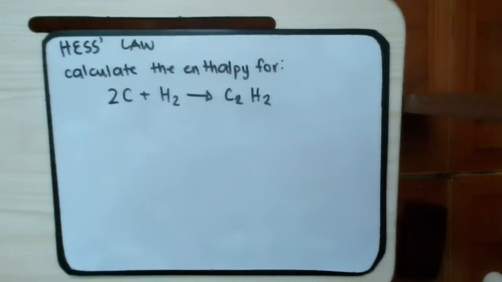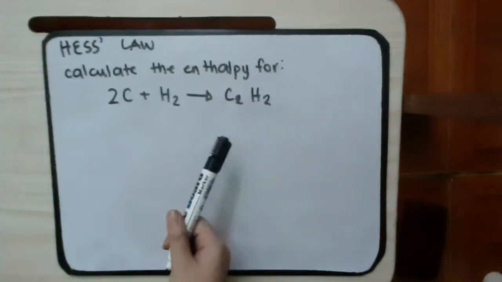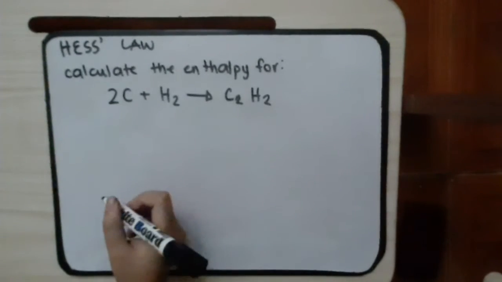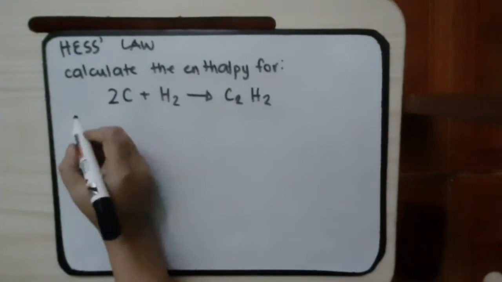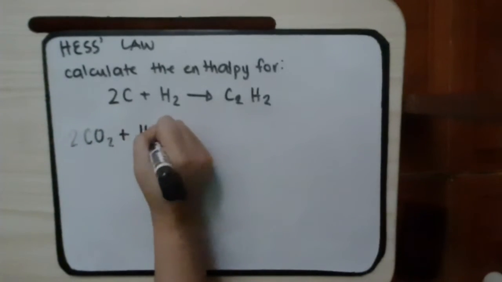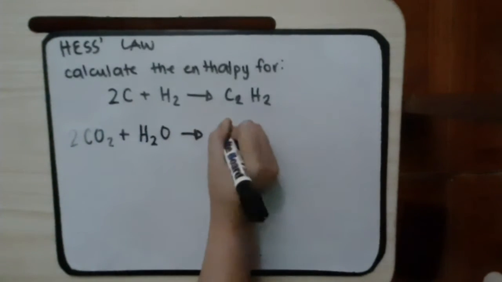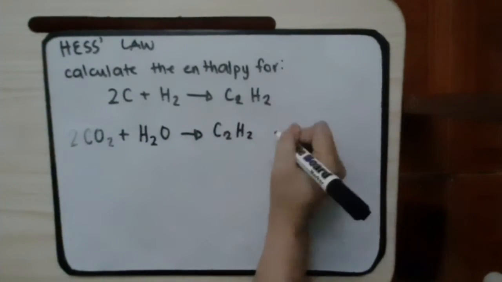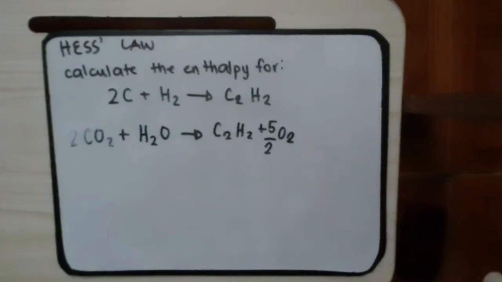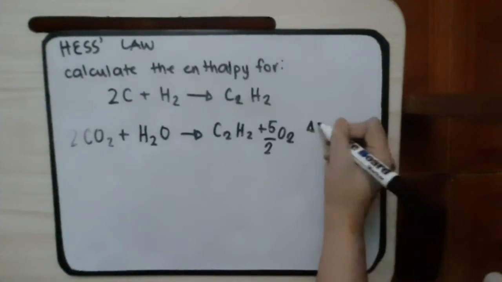Following the first equation, we reverse the whole equation so that the C2H2 is on this side. So we will have 2CO2 plus H2O yields C2H2 plus 5/2 O2.